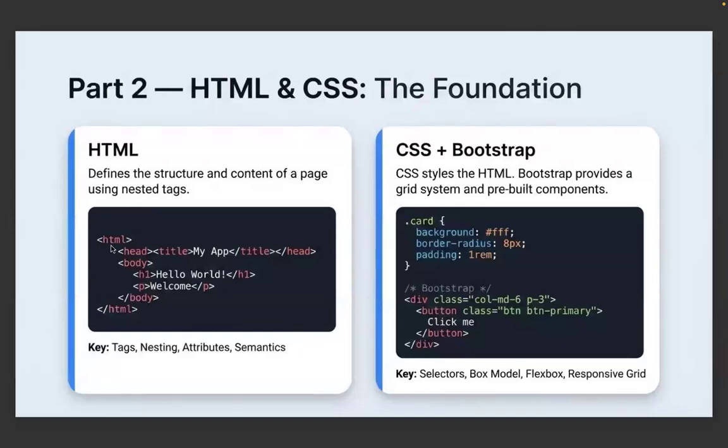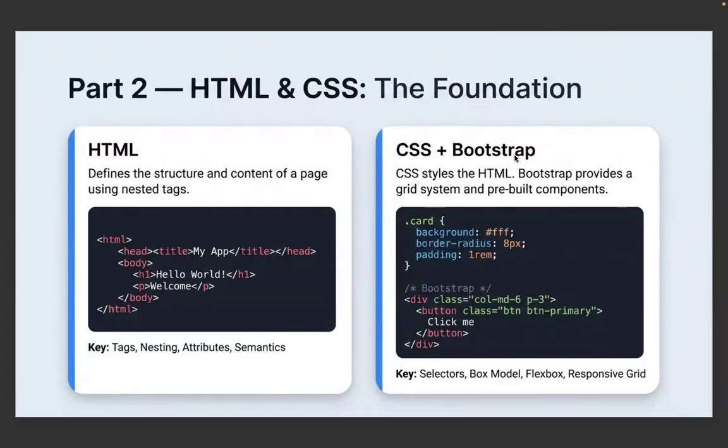So here you can see nested tags like html, head, body. CSS and Bootstrap, what are they? CSS styles the HTML, while Bootstrap provides a responsive grid system and pre-built components.